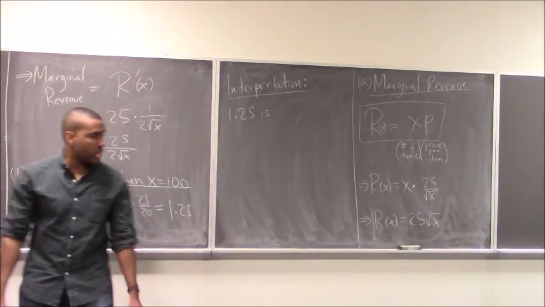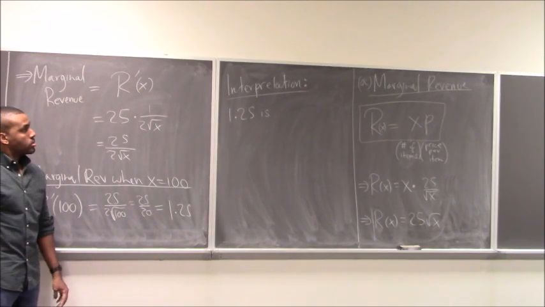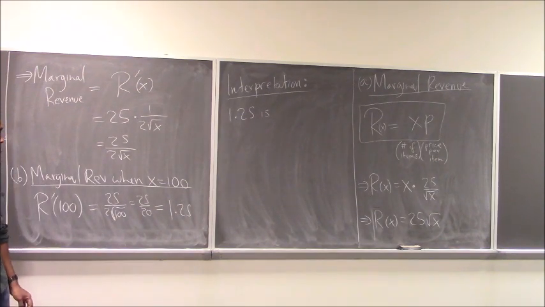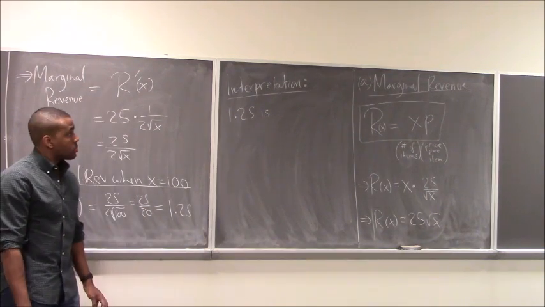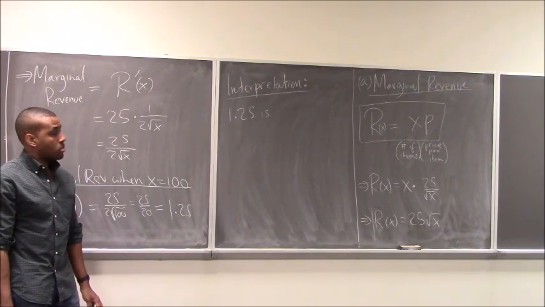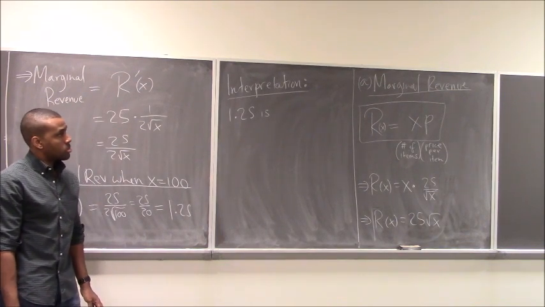How do I interpret that number? What does it mean to me? What does a marginal function measure? For every additional quantity that you make, it's going to be $1.25 more.